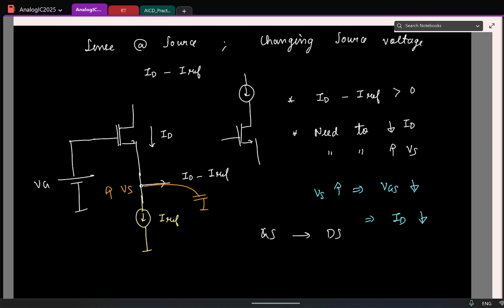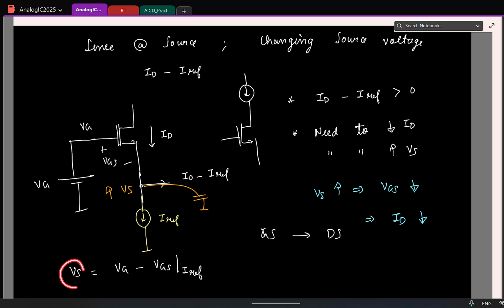So if this voltage is Vg, my source voltage will be set to Vg minus the VGS of this transistor biased at a current of IREF. That's all. Because I am calling this to be the VGS. Remember, I need to have a particular VGS so that the current is constant.